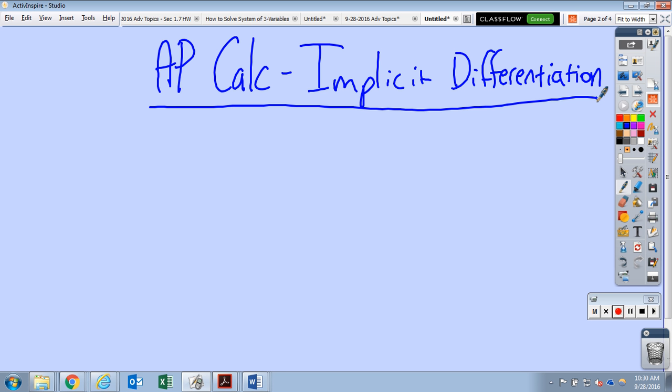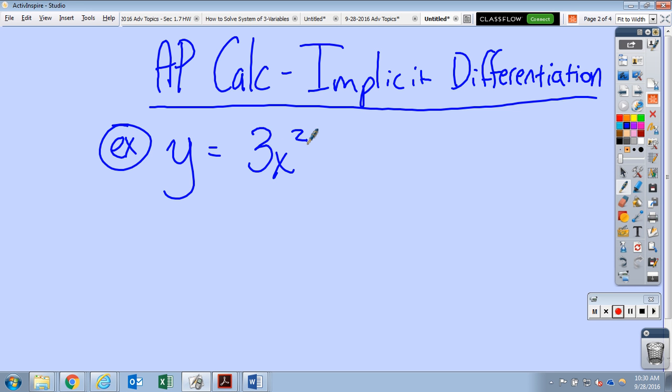All right, so today we're going to look at implicit differentiation. What we've been used to is what you might call explicit differentiation. So, for example, say you have y equal to 3x squared.